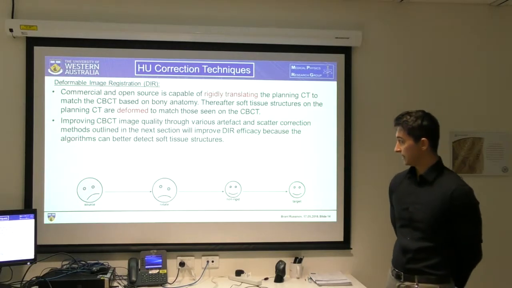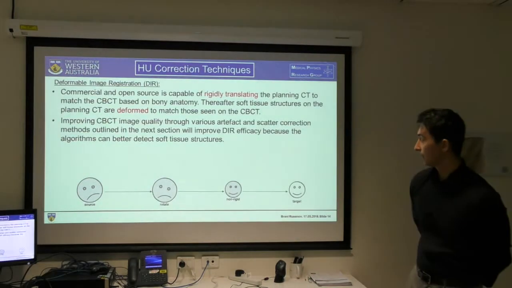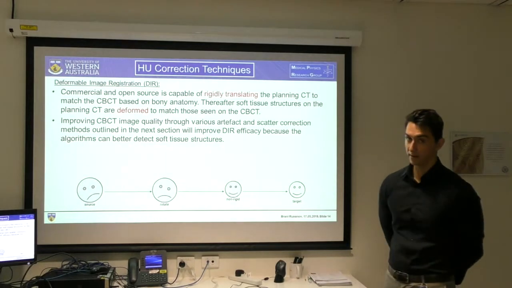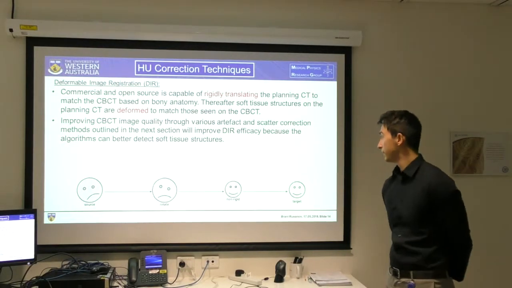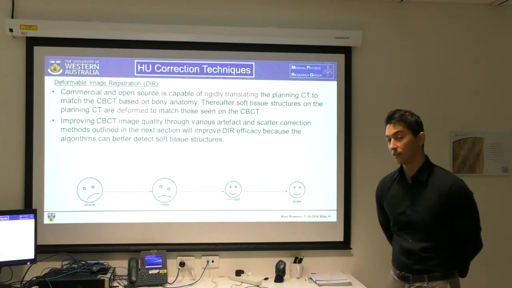Improving CBCT image quality through various artifact and scatter correction methods outlined in the next section, as well as the density override methods in the previous section, will actually improve deformable image registration efficacy because the algorithm can better detect soft tissue structures.